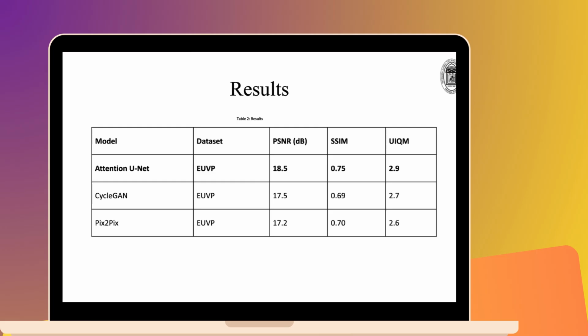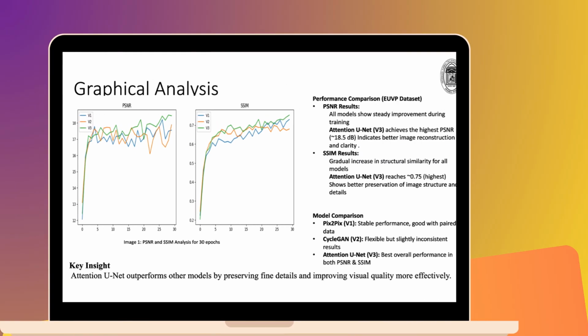Overall, Attention U-Net outperformed the other models because of its ability to preserve fine image details. The graphs show that all the models improved gradually during training. However, Attention U-Net consistently achieved higher PSNR, better SSIM and improved structural preservation. CycleGAN provided flexibility for unpaired datasets but produced slightly inconsistent outputs. Pix2Pix performed well on paired data but depended heavily on dataset quality.